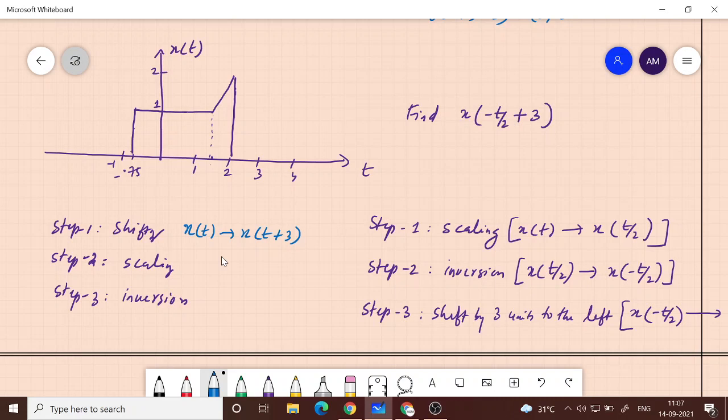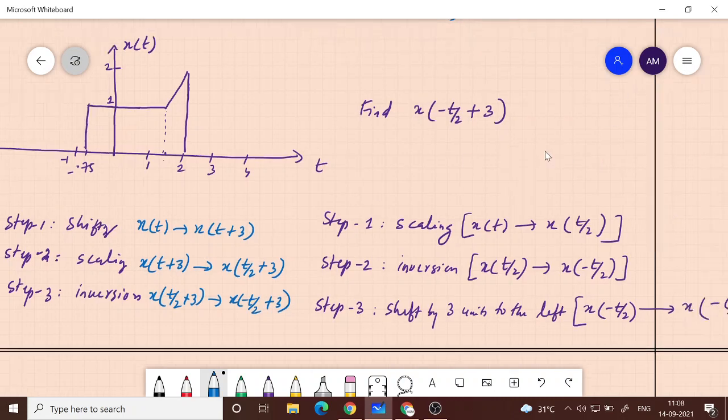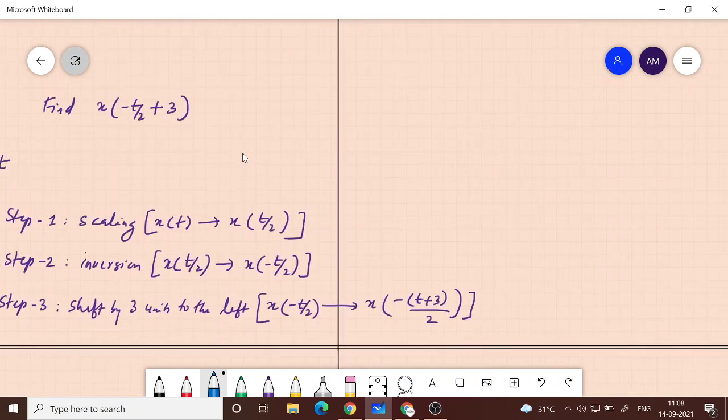And then x of t plus 3 goes to x of t by 2 plus 3. Then x of t by 2 plus 3 goes to x of minus t by 2 plus 3. No issue. But if you are not doing the shifting first, then you need to be careful.